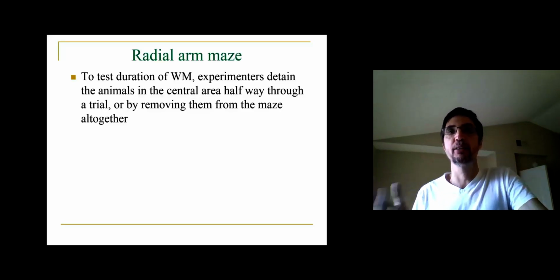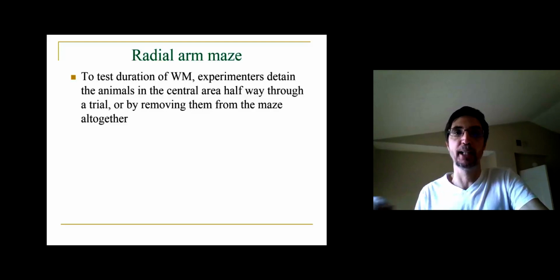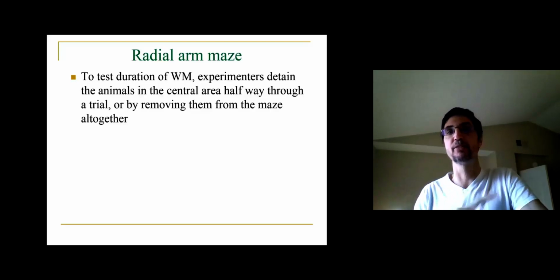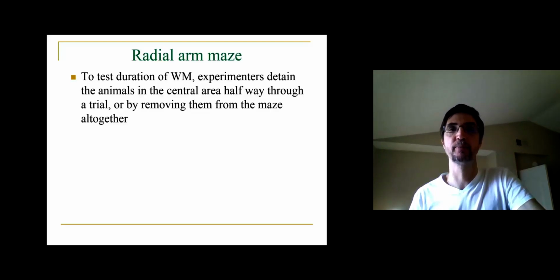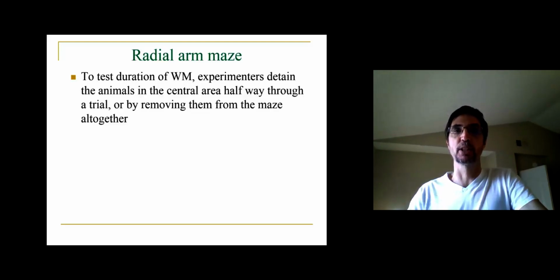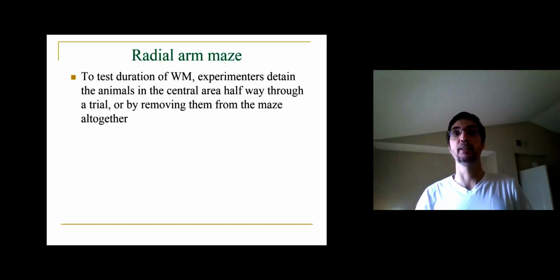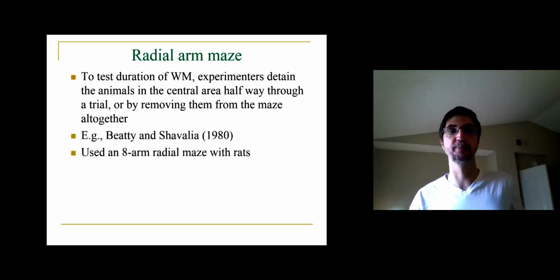They let it run down half of the arms, and then halfway through the task, they detain them for a certain amount of time, and they vary the duration that they're prevented from visiting the rest of the arms. Sometimes they force them to stay there by blocking off all the different arms, or other times they literally take them out of the maze for a certain amount of time and then put them back in.